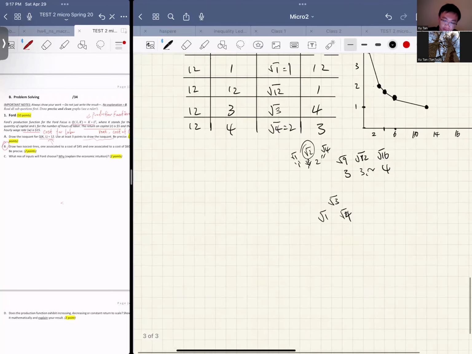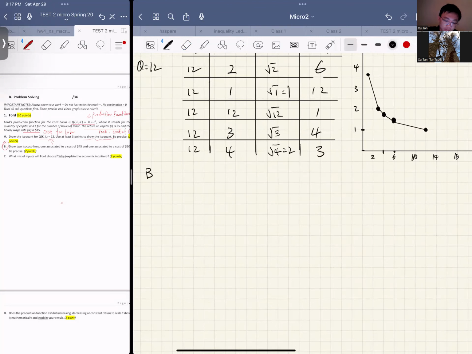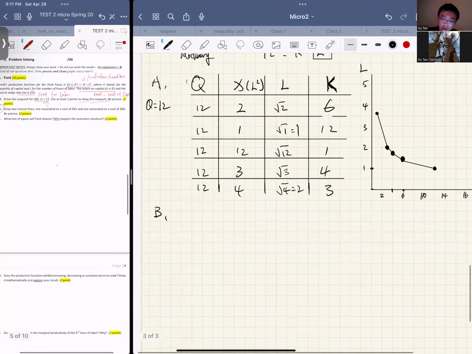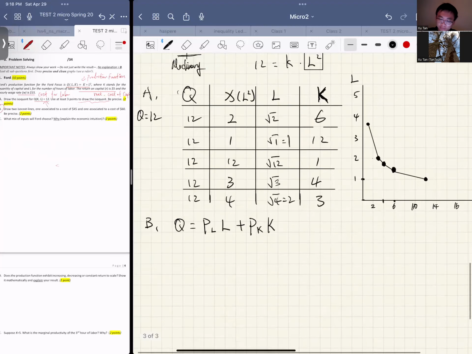Two isocost lines. Let's do 2 isocost lines. B. Draw isocost. So what's isocost? Isocost is the cost of producing any output, right?